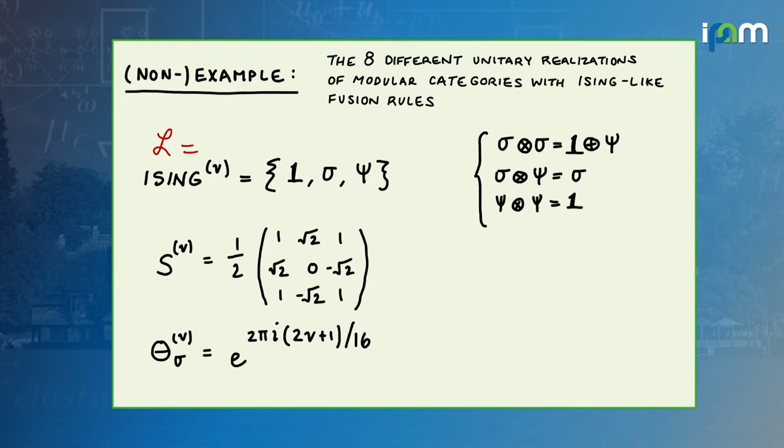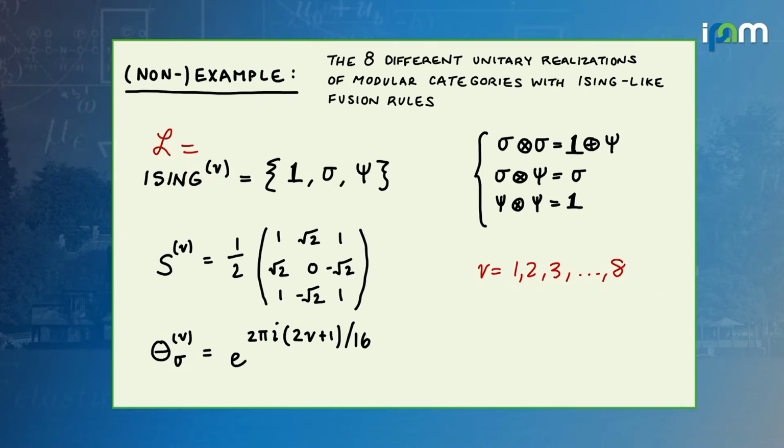And if you take a look at their modular data, these 8 categories, they're parameterized by some parameter nu, and that parameter ranges from, I think, 1 to 8. Hopefully it's not 0 to 7, but if it is, somebody scream. The S matrix is the same for all of these, right?